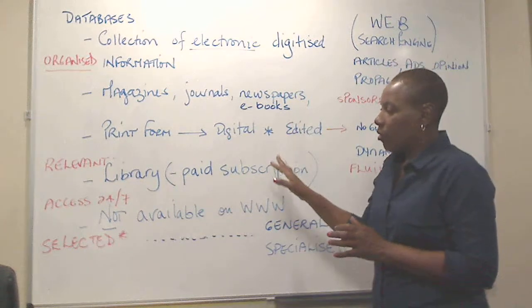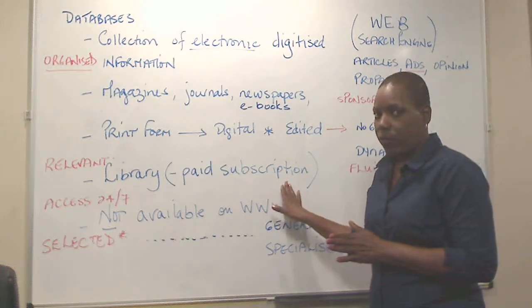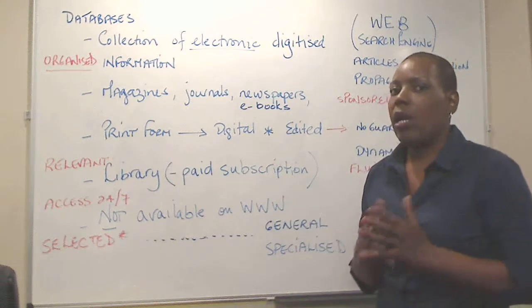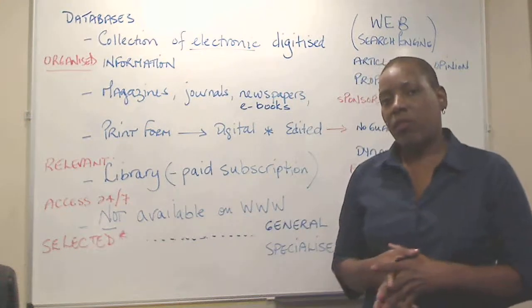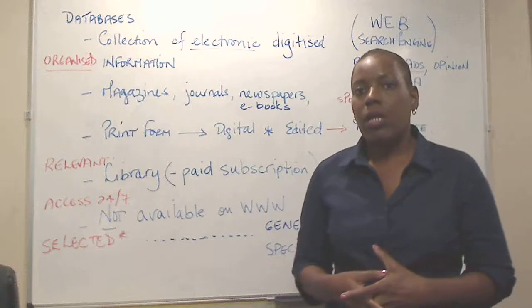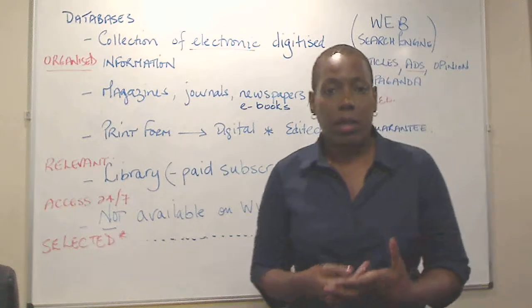And so databases are usually subscribed, paid subscription. And this is what our library pays for. They pay for a set of databases that would be relevant to the courses of study that are available at a particular institution.